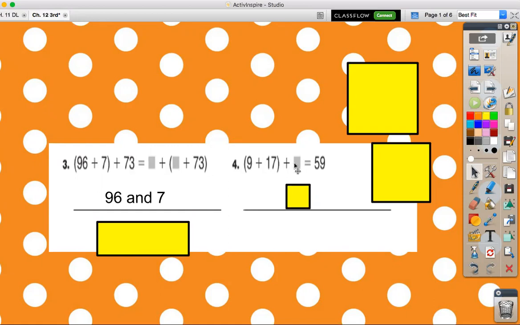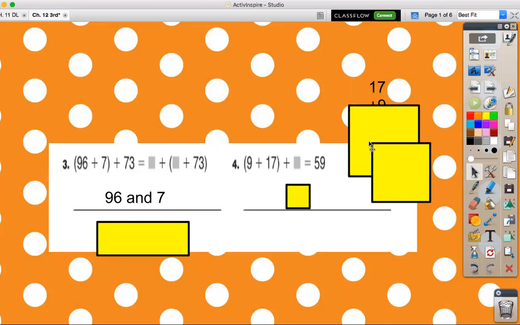Over here is something a little different. We're trying to find the missing number here, the missing add-in, so that we can get the sum of 59. Our first step would be, as order of operations tells us, we always do what's in parentheses first. So we're going to do 9 plus 17. In the ones place, we have the 7 and 9.